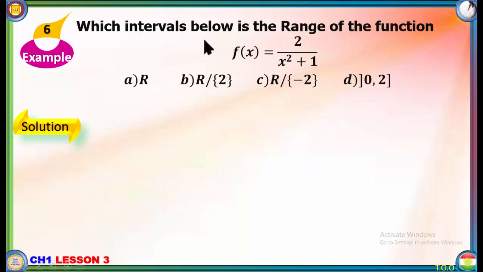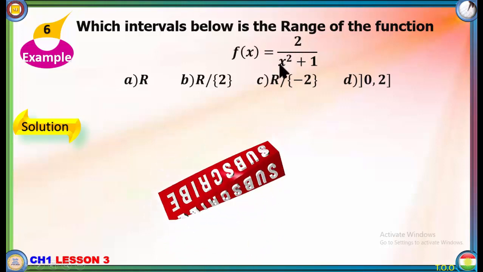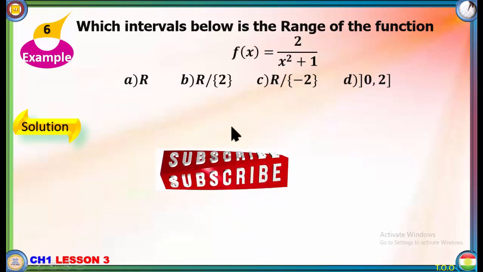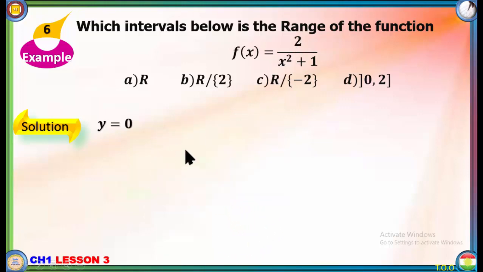Which interval below is the range of the function f(x) equal 2 over x squared plus 1? As we said, the function f(x) here is an even function. To find the range, because the degree of the numerator is less than the degree of the denominator, y equal to 0 is a horizontal asymptote.